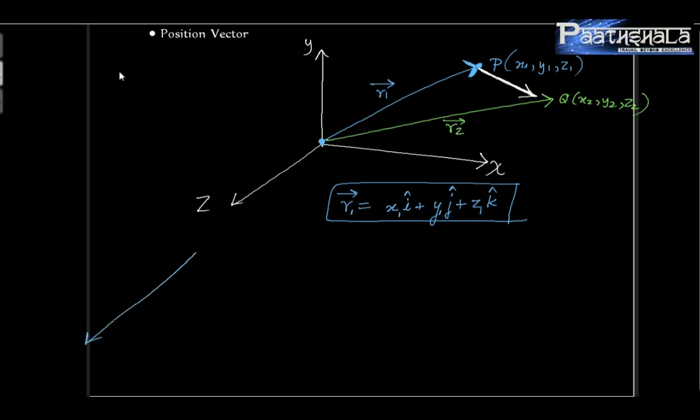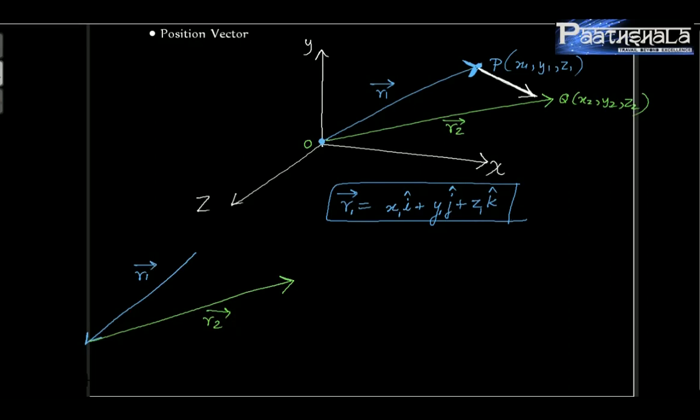The reverse of vector r1, that is minus r1, will look like this. Q is as it is. The vector OQ is as it is. Okay, so this is r2 bar and the initial vector is r1 bar.